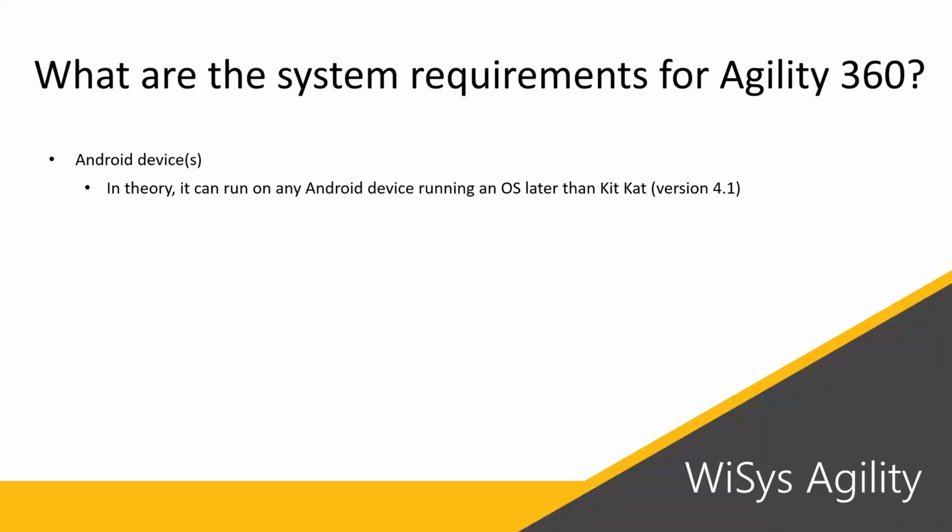I wasn't 100% certain on that, but either way, KitKat's pretty old, so I don't think you'll have a problem finding a compliant device these days. But one thing to keep in mind is not every device is conducive to barcode scanning. Certain Android devices, even though the software will run on the device, may not be the best choice for your environment.